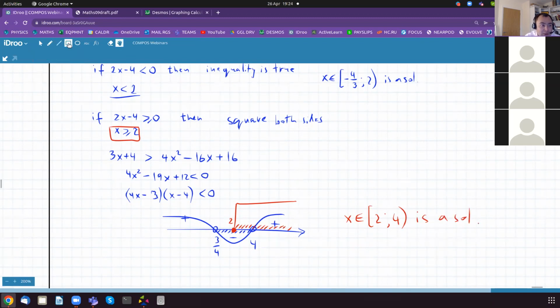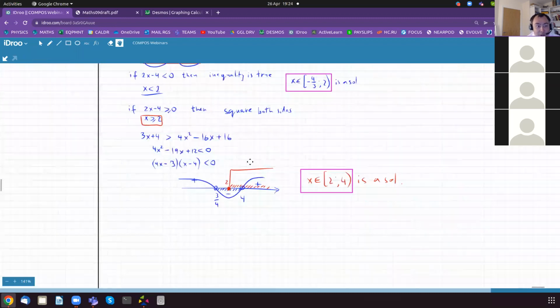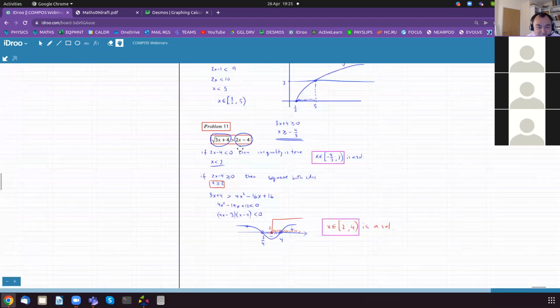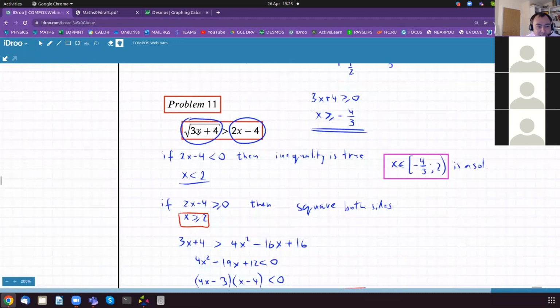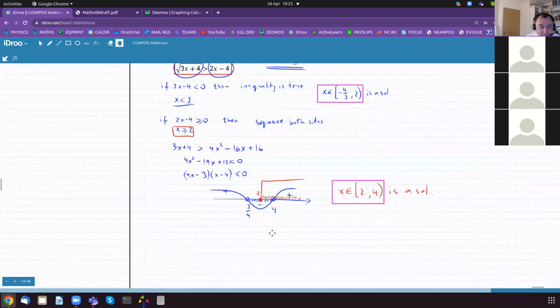All right, so we have two groups of solutions, this one and this one. And if we combine the two, we'll see that x equals 2 is a solution. We can double check. 3 times 2, 6 plus 4, 10. 10 is greater than 0. Yeah. All right, so we can write down the answer.